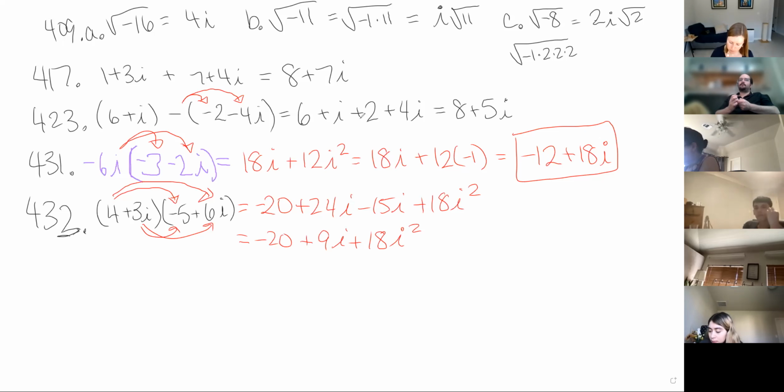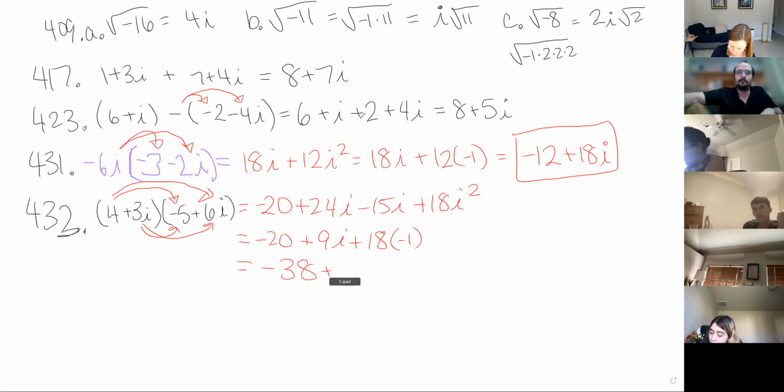Turn the i squared into a -1. Yep, so I'm going to erase it and put parentheses -1 right there. And then it would be -38 plus 9i. Yep, there you go. Cool. Okay, any questions on that one? No?